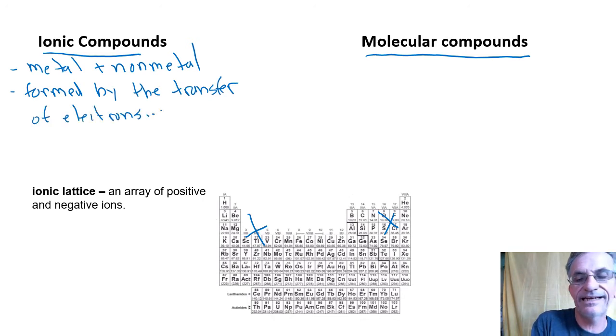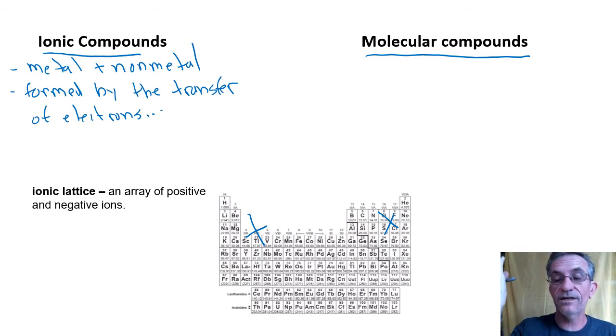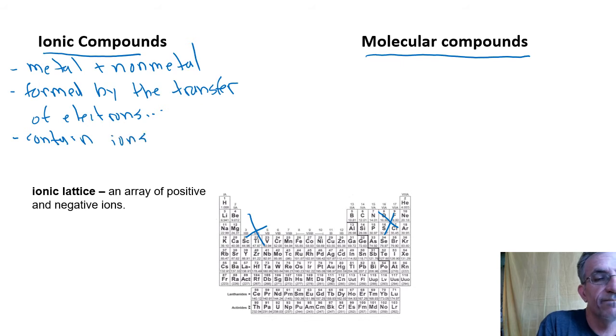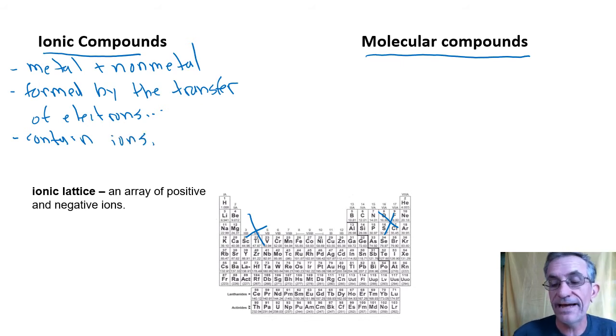Another way of saying that is, when you gain electrons or lose electrons, you're going to turn into an ion. So we could say that they contain ions. So ionic compounds are made up of a metal and a nonmetal. They're formed by the transfer of electrons. They contain ions.